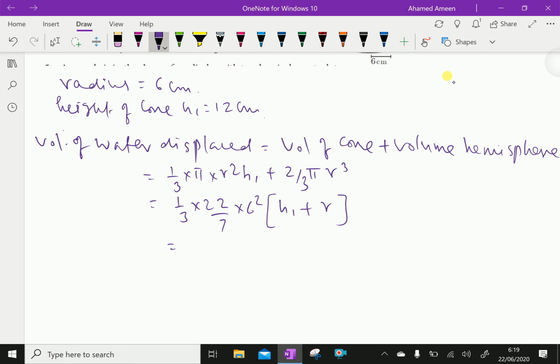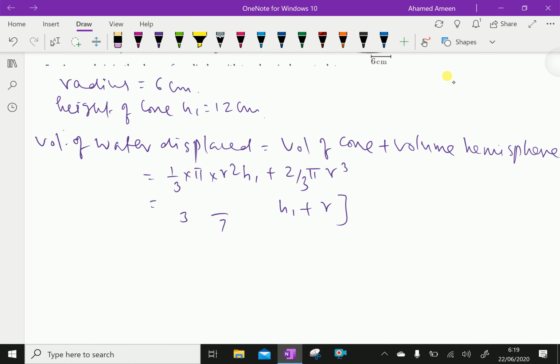Then 22 by 3 into 7 into 6 into 6, then h1, that is height of the cone is 12 plus... no, here we cannot take 1 by 3 out.